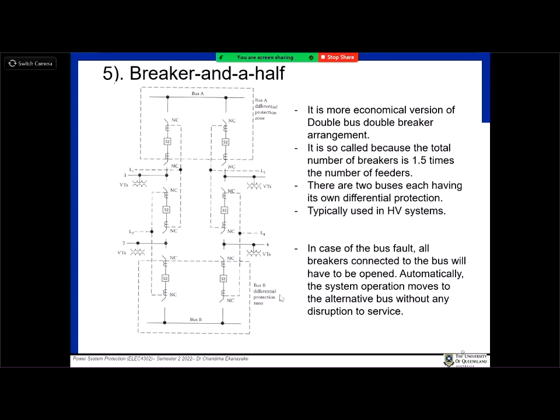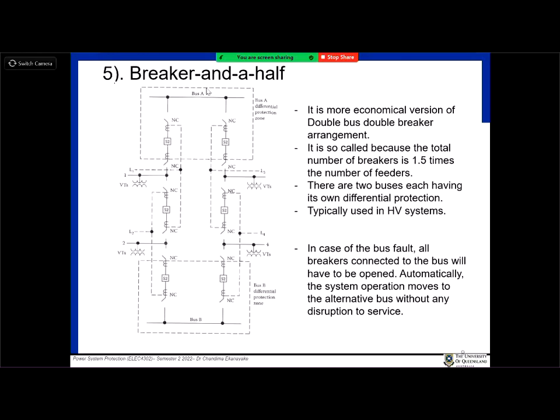These two breakers will operate for a bus A fault, which means none of these lines are disconnected. If there is a fault on bus B, then these two will operate, but none of these lines are disconnected. Of course, if you are so unfortunate, both buses will have errors, but very rarely.